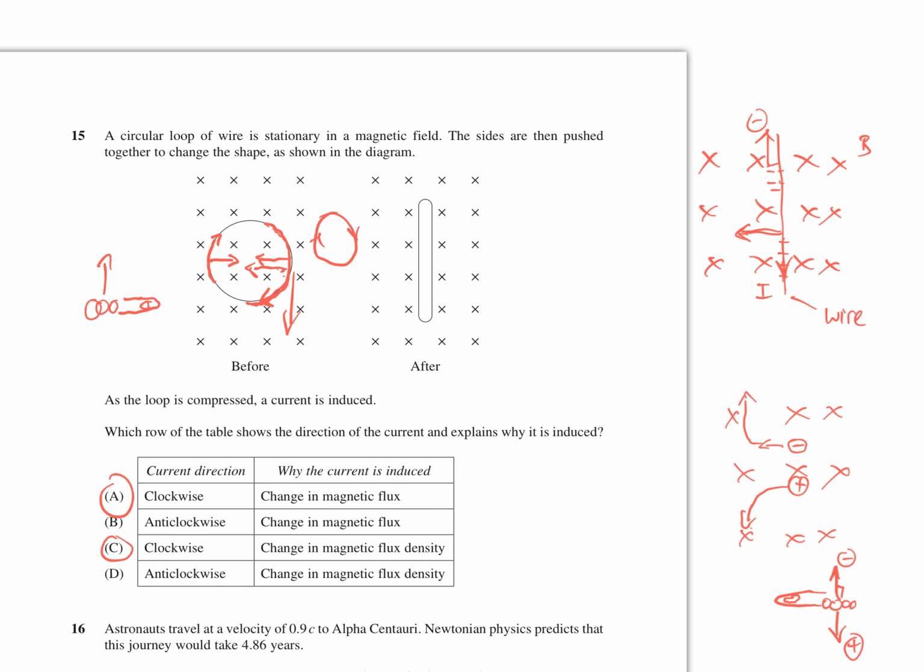Now, we're not changing the flux density, that's the number of these lines of magnetic field per unit area. So we've got the same area that's being covered. This one's longer, it's just been moved in, so we're not altering the actual area of the loop through the field.